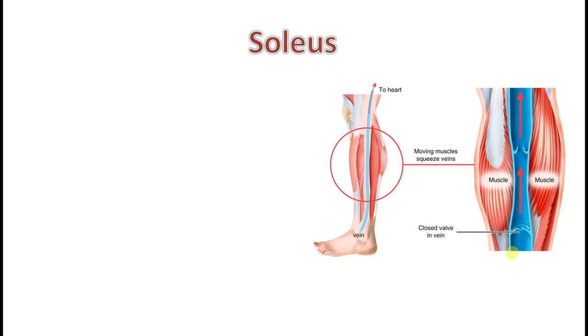The soleus muscle has some other important functions. It is also called the peripheral heart. Why it is called the peripheral heart is because it is perforated by many veins called the perforators. These perforators connect the superficial with the deep veins, and they are provided with valves.